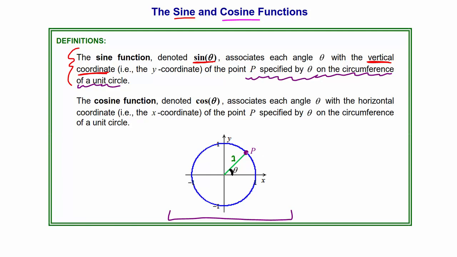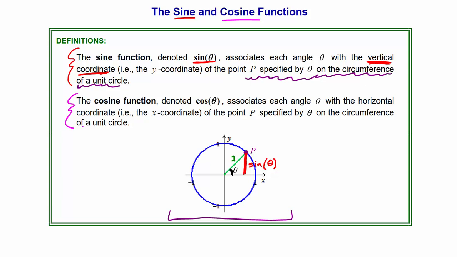We've been told that the sine of theta represents the vertical coordinate of the point specified by theta, so sine must be this height off of the x-axis of the point P.